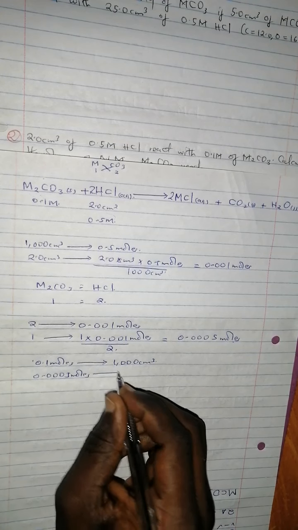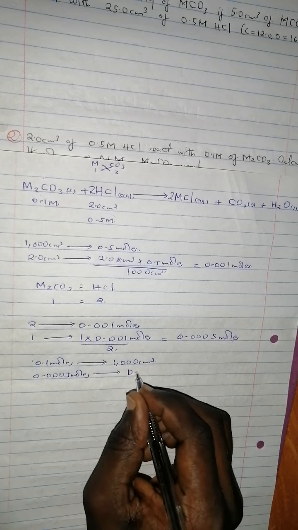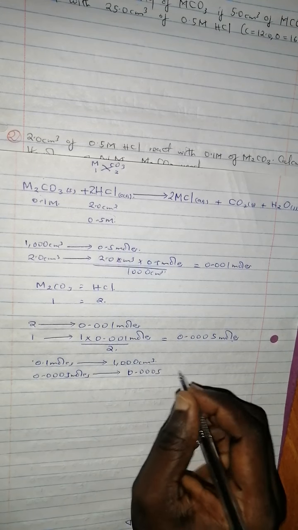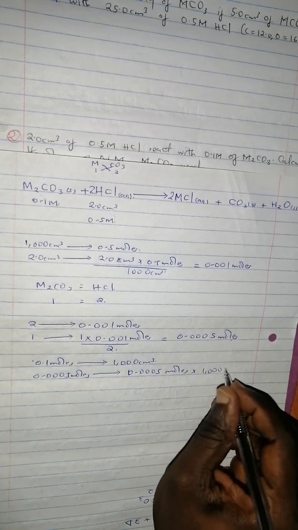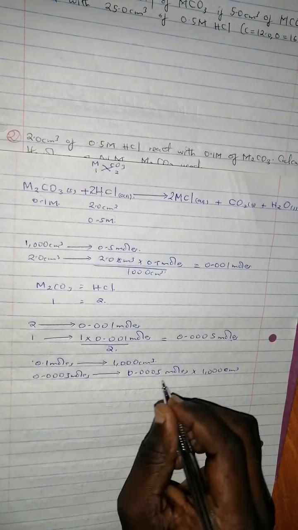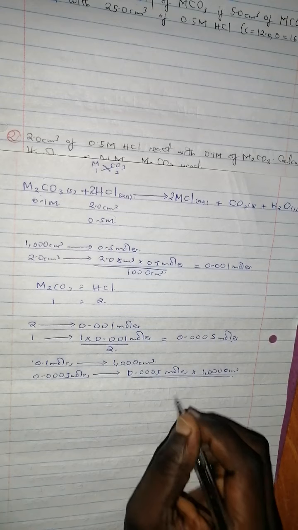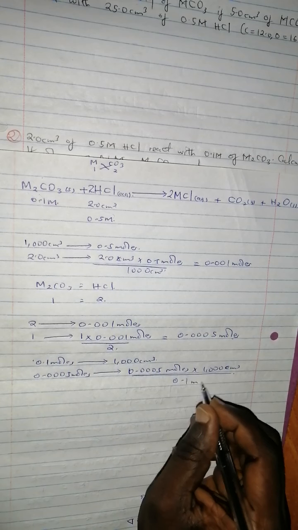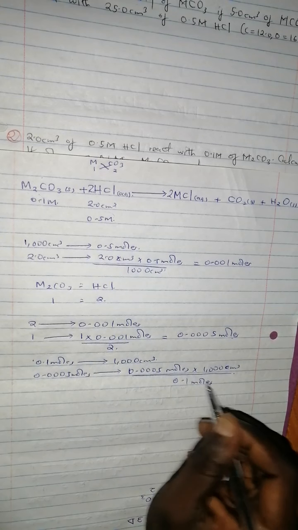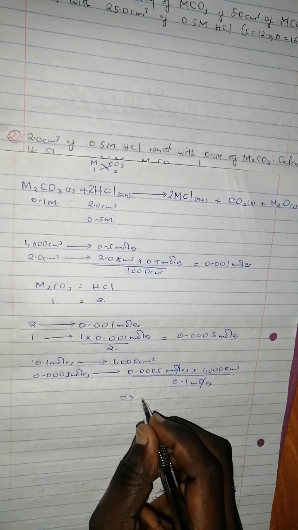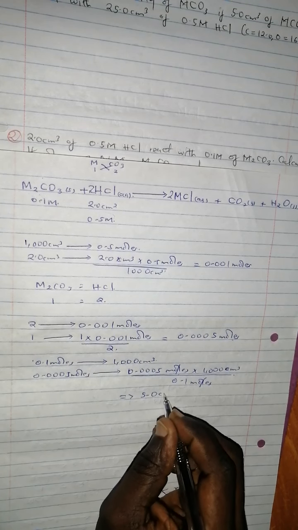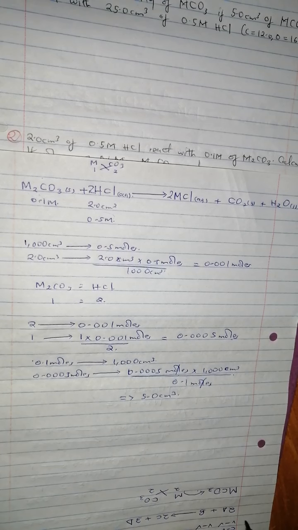What will it contain? It will be contained in 0.0005 moles times 1,000 cubic centimeter, everything divided by 0.1 moles. And if you do that, these moles will cancel. I'll only have the volume, and if you punch that in the calculator, I'll have 5.0 cubic centimeter.